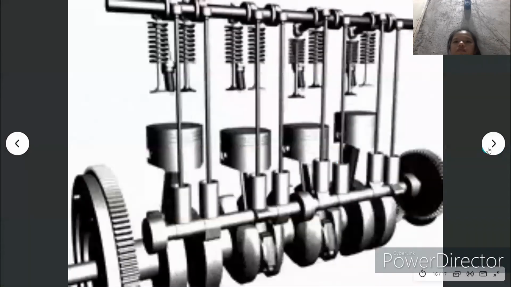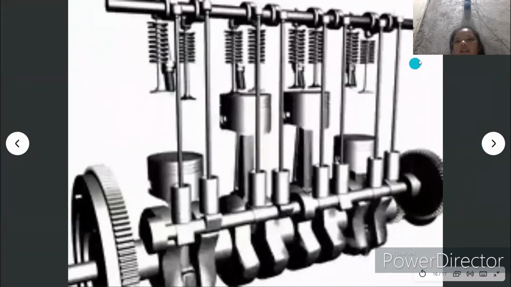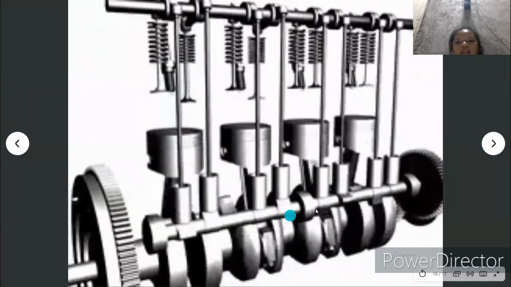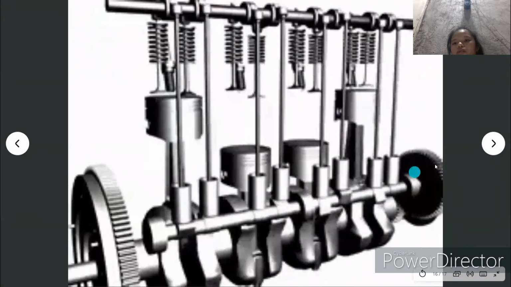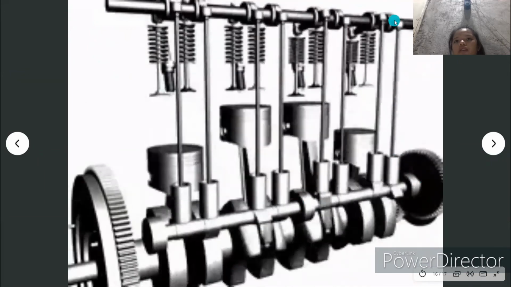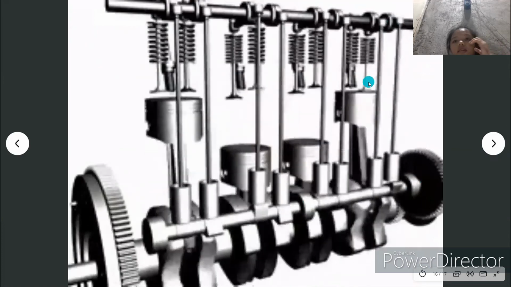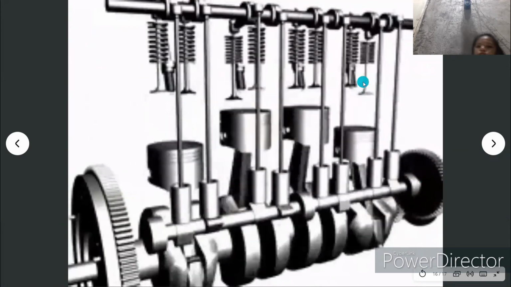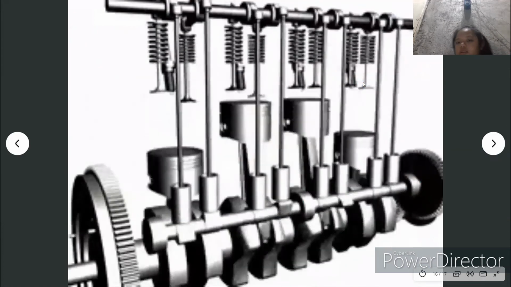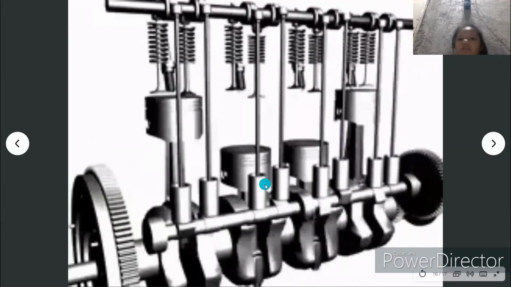Notice in this GIF, this is our crankshaft, this is our camshaft, this is the gear, and then the tappet or lifter, the pushrod, rocker arm, the valve spring, and then the valve. So how are the components connected?